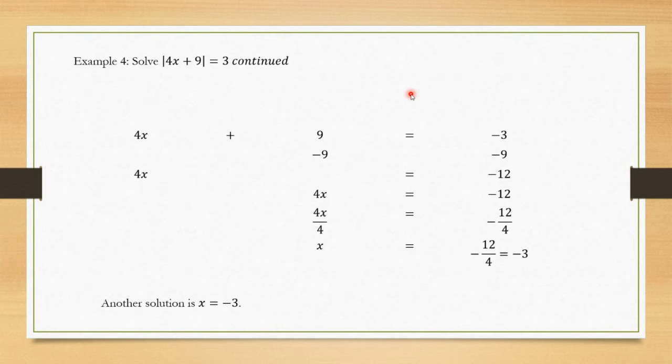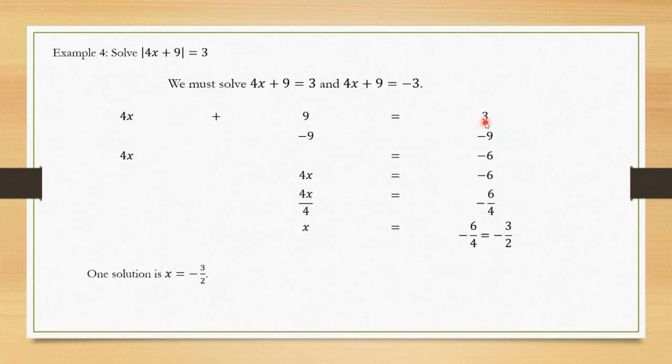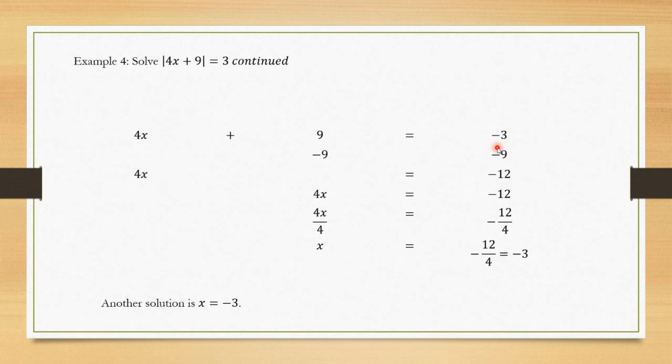And that's what I'm doing here. It's actually the same steps as we solved this equation. Okay? So from here, well, we have +9. We subtract that from both sides.